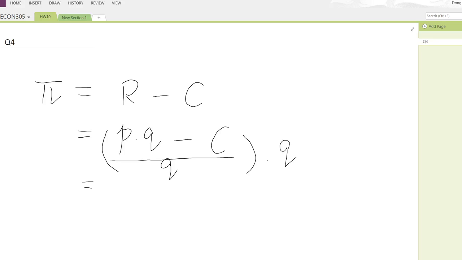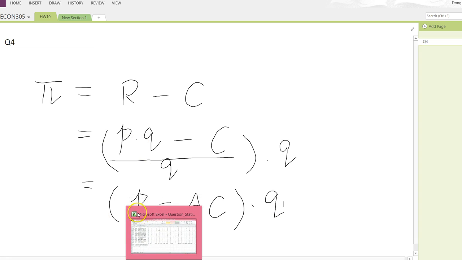Now the term within the parentheses becomes P times Q divided by Q, that's simply P, the price, and this is total cost divided by Q, that's my average cost, and then times Q.